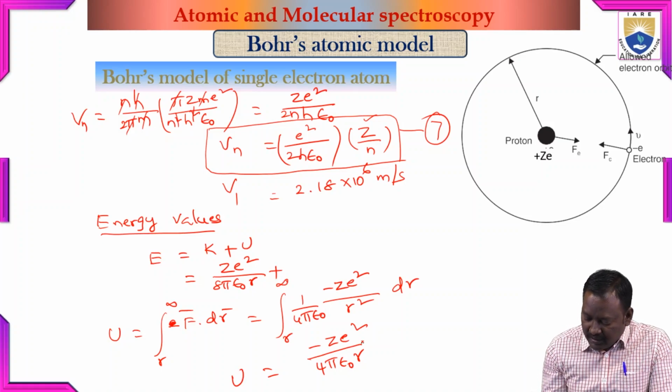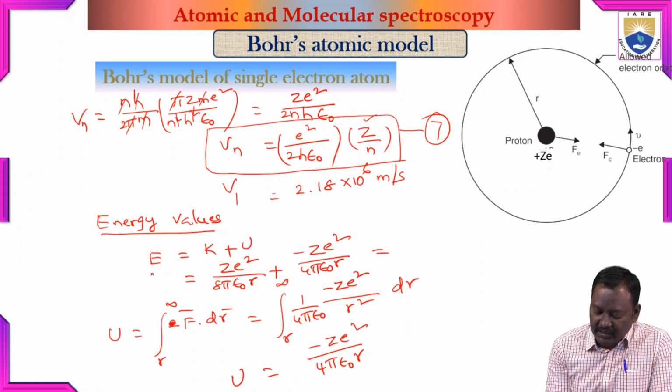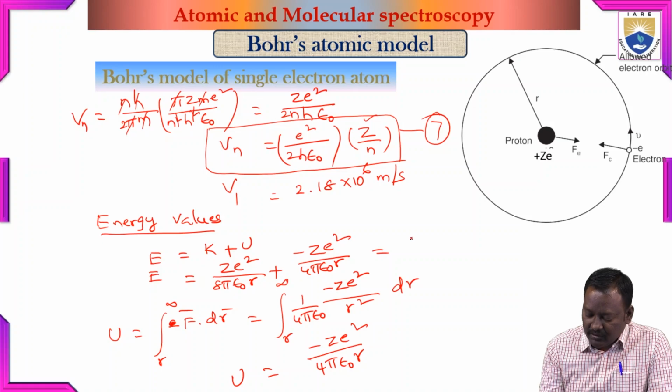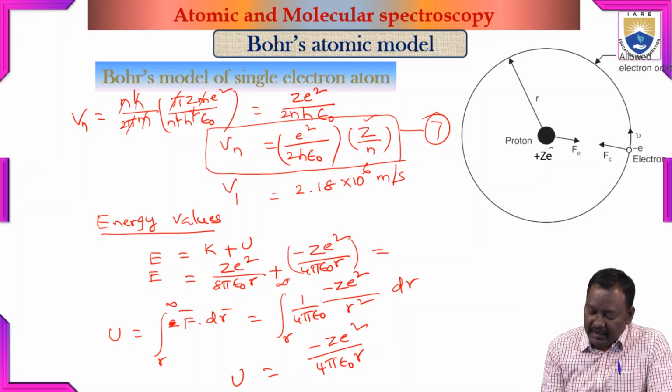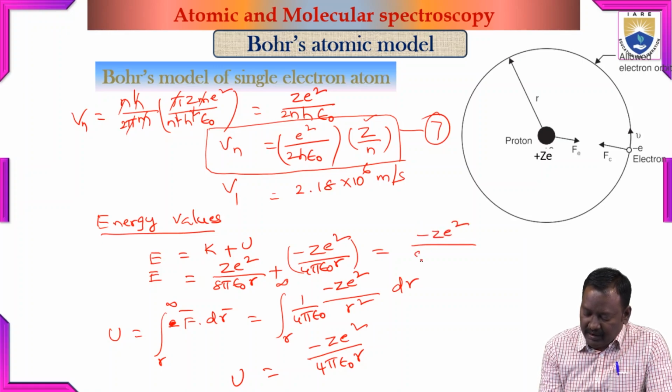So we need to add this value here, minus Ze square by 4 pi epsilon naught r. The total energy of the electron in that particular orbit, after adding kinetic energy and potential energy, is minus Ze square by 8 pi epsilon naught r.